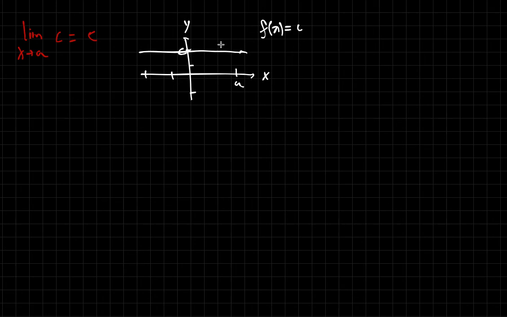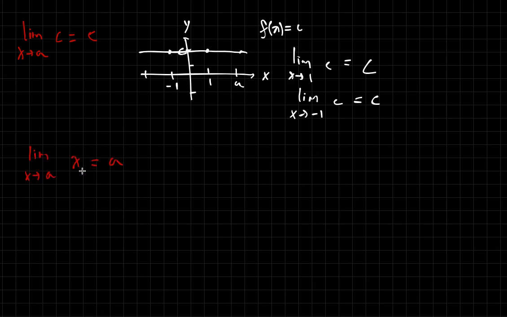Y doesn't move anywhere else. So it's always going to be c. So the limit as, let's say, x approaches 1 for c equals c. The limit as x approaches negative 1 for c equals c. So this was negative 1 and this was 1. You can see that it's c once again.